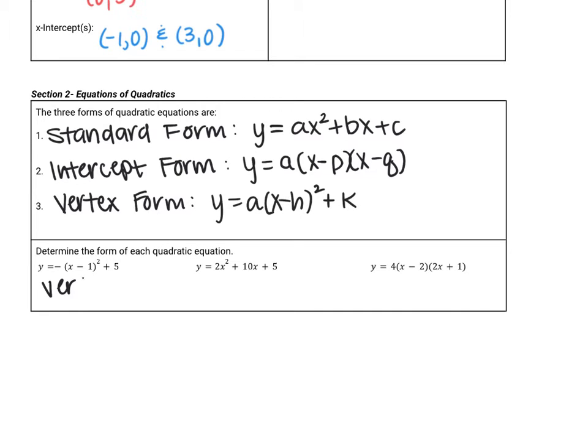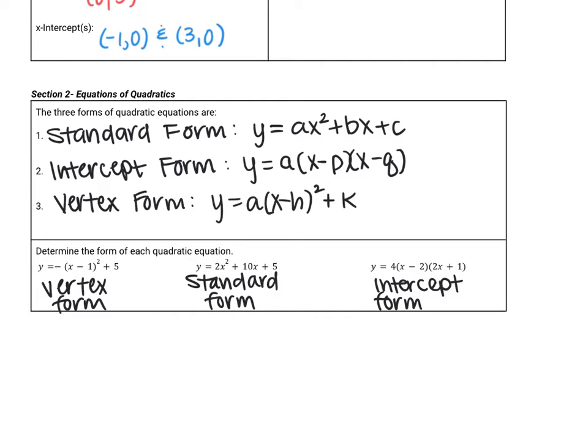This is an example of vertex form. Y equals 2x squared plus 10x plus 5 is an example of standard form. Then our last one, y equals 4 times x minus 2 times 2x plus 1, is an example of intercept form.